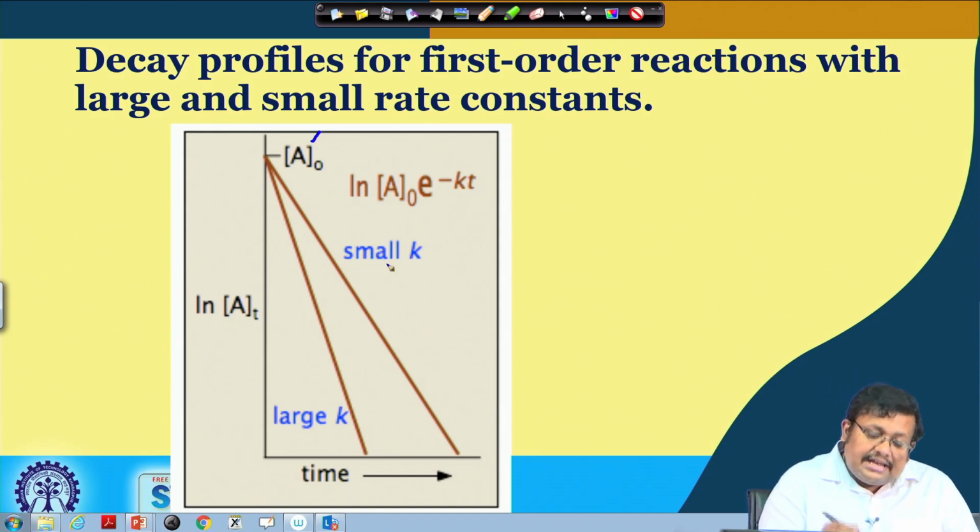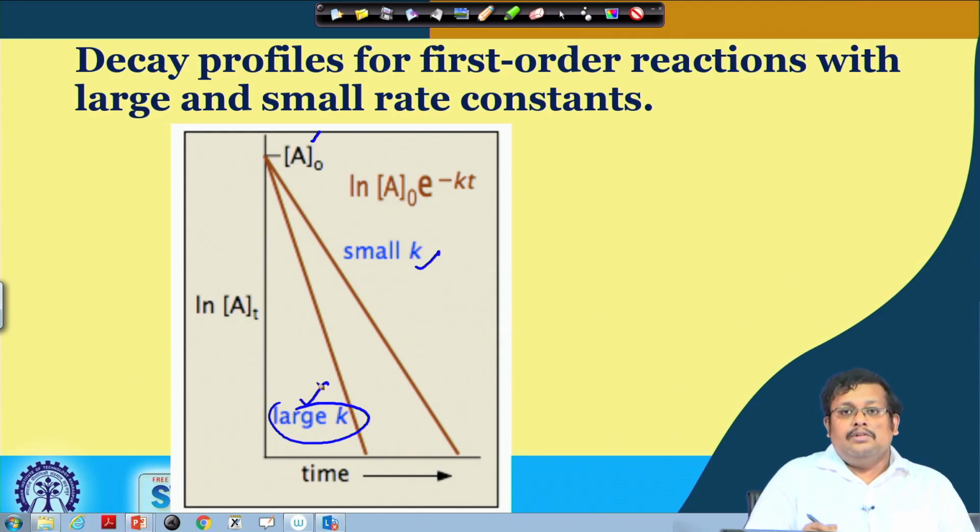Now, here you can see there are two different constants. In one reaction you are getting smaller k, in another reaction you are getting larger k. In case of small k, when the rate constant is small, the rate of decay is relatively less. However, when there is a large k, the rate of decay is quite high.